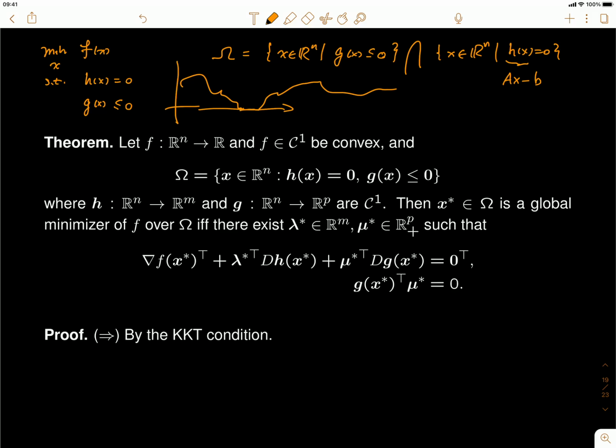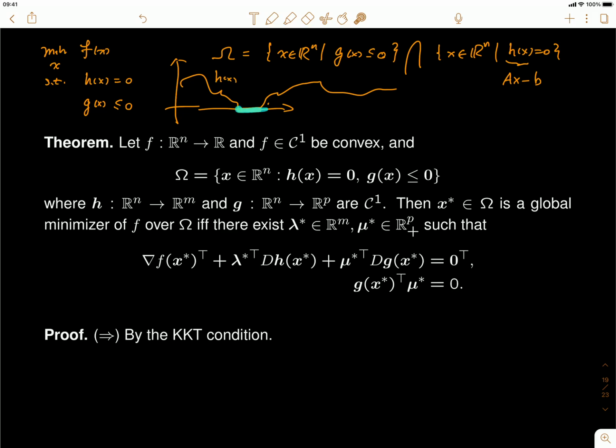So this is my h(x). It doesn't matter what happens outside this area, as long as the set of points where this function is equal to 0 is a convex set. Then we don't need to worry about anything else, because h(x) equals 0 restricts us to this part, which is convex. So h(x) itself doesn't have to be an affine function or even a convex function, but what we really need is where this function is 0.